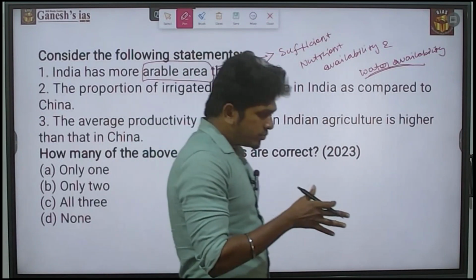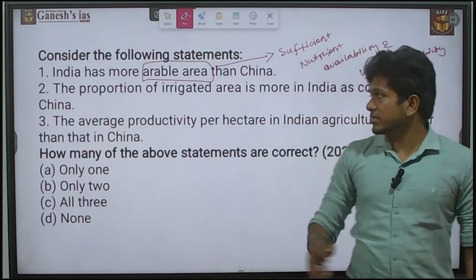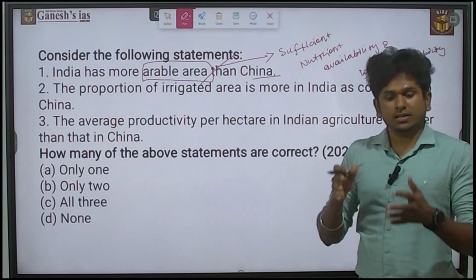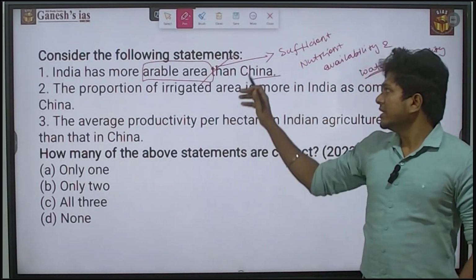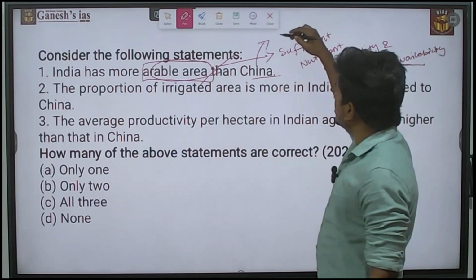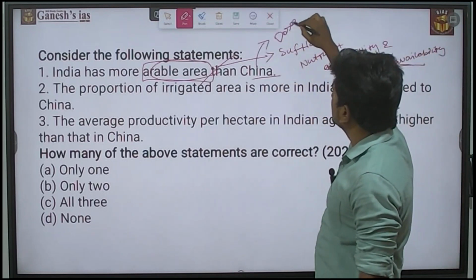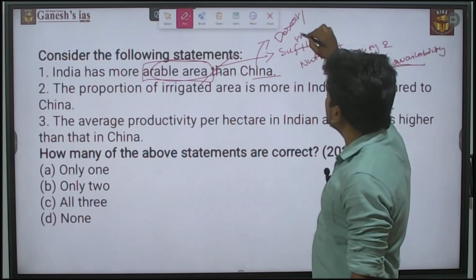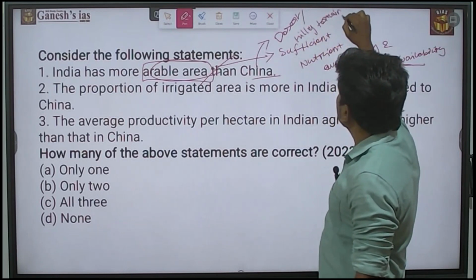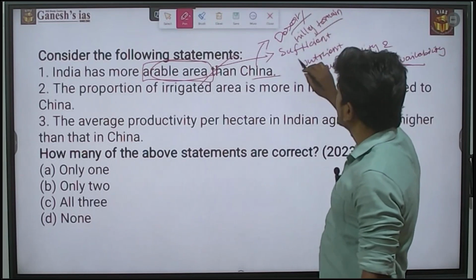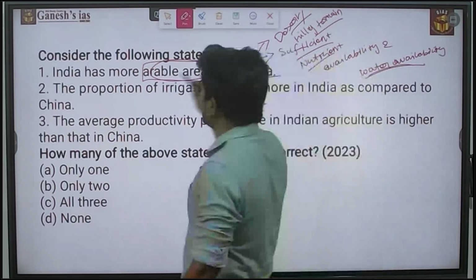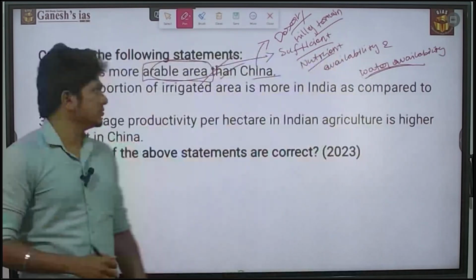So India contains more arable area than China. Even though China is a wider region, its arable area is very limited because wide regions are covered with desert and hilly terrain. So the arable land, the land with sufficient nutrient availability, is very limited for China compared to India.